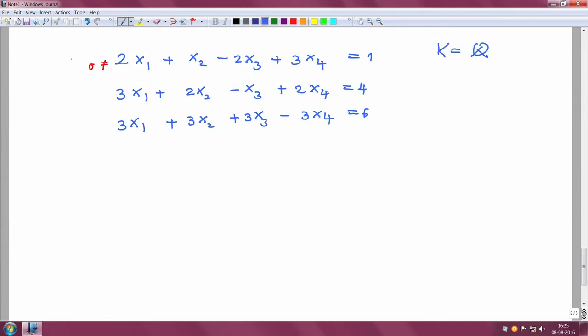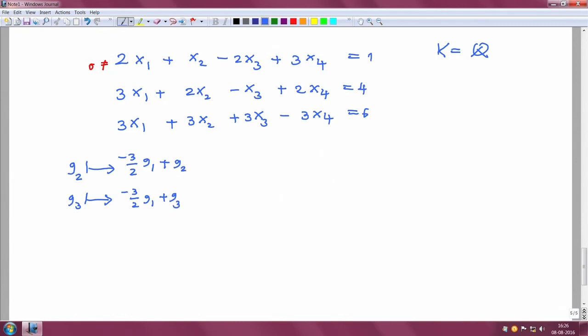So I multiply the first equation by minus 3 by 2 and add it to the second one. G2 will be replaced by this new equation, and G3 will be replaced by minus 3 by 2 G1 plus G3.